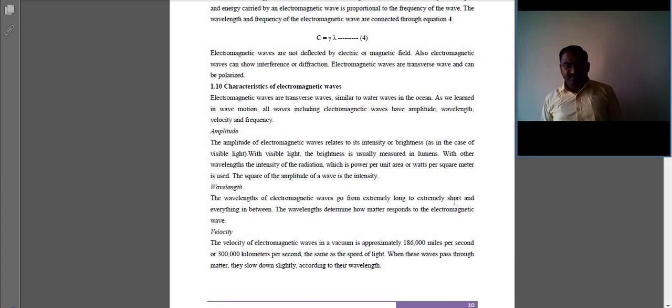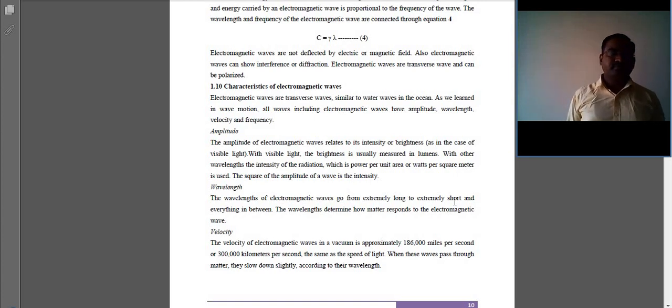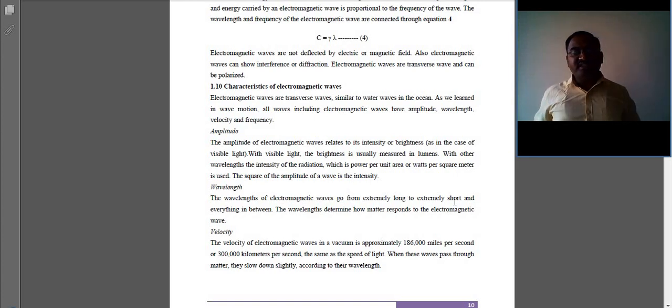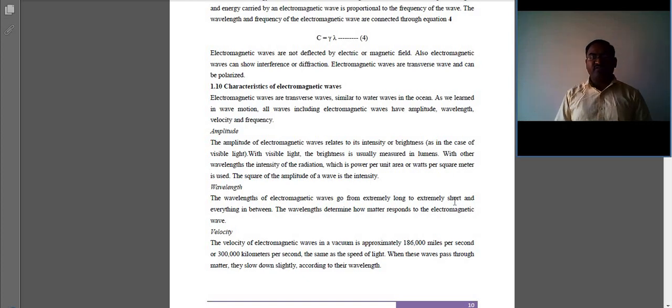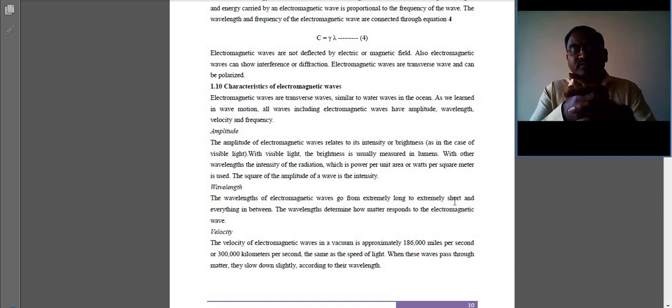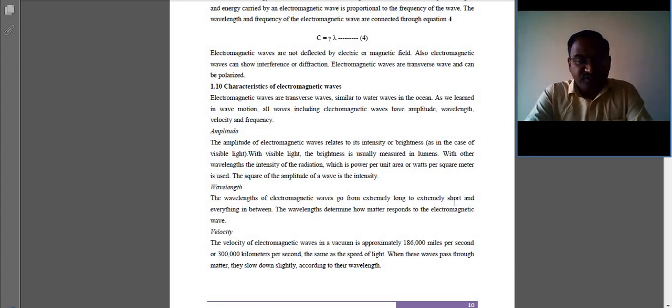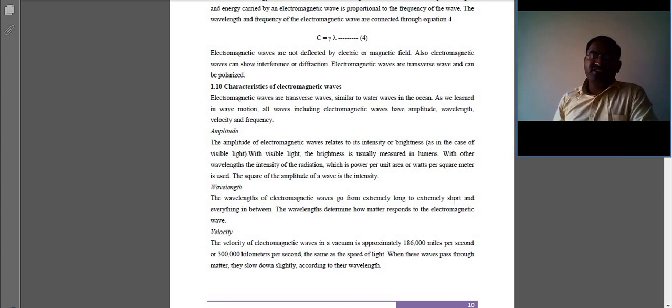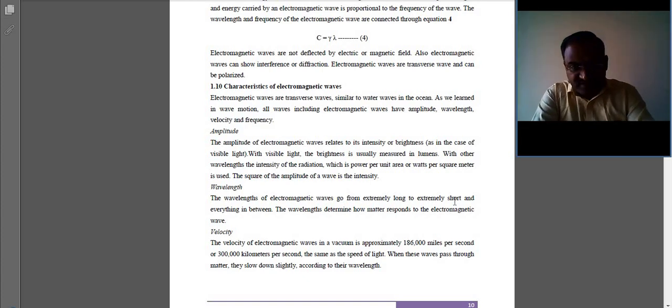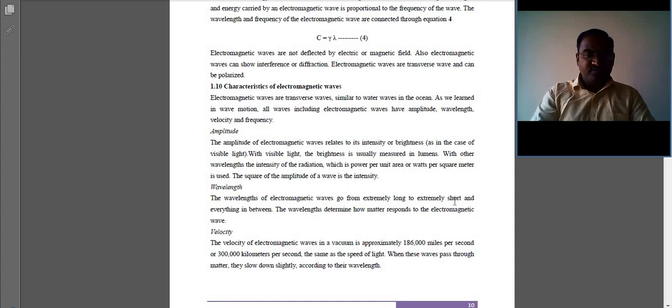Next we will study the characteristics of these electromagnetic waves. Electromagnetic waves are transverse waves, similar to water waves in the oceans. Amplitude, wavelength, velocity and frequency are all characteristics of electromagnetic waves.